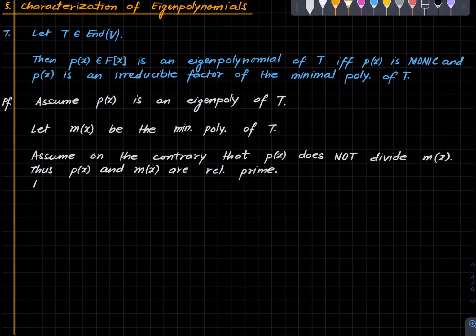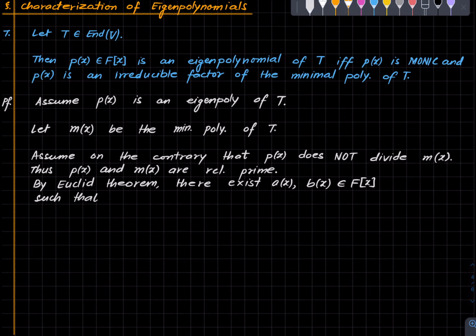And therefore, by Euclid's theorem, by what we recalled in the beginning, there exist polynomials a(x) and b(x) over the base field, and the base field is denoted by F. I have not written it, but that is the notation that we will use. Such that a(x)p(x) + b(x)m(x) is equal to 1.